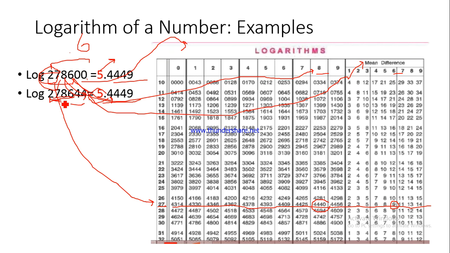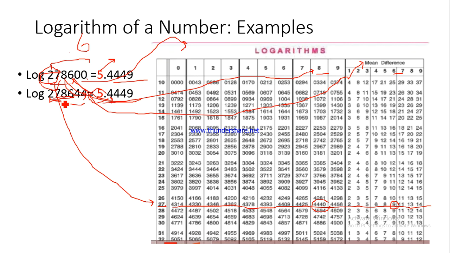Basically what it means is that when you are finding the logarithm of a particular number, you are making the calculations easier and more convenient for yourself, but you are sacrificing a little bit of accuracy in return. How? For the numbers 278600 and 278644, the logarithm was the same, though these numbers were very different.